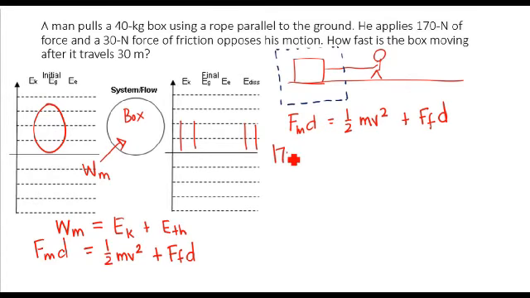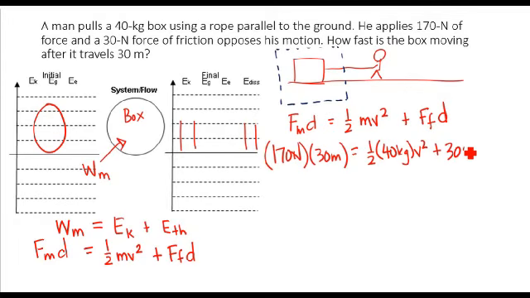So the force the man exerts is 170 newtons on the box, and the distance the box travels is 30 meters. That is plus 1/2. The mass of the box is 40 kilograms, and we don't know the velocity of the box, so I'm going to leave it as a variable. And then the force of friction on the box, sorry, that should be a plus.